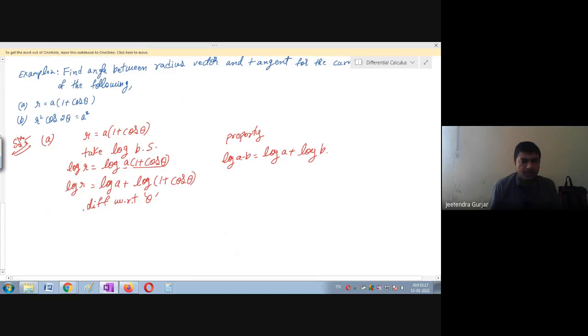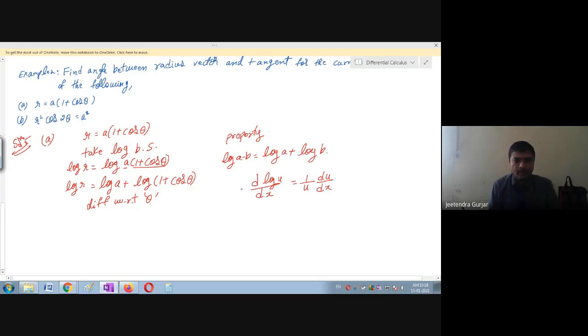Now we'll differentiate. I think you remember the differentiation of log u in general. If you take it with respect to x, this is 1 upon u du by dx. Please remember this formula. I am writing the formula on the right hand side so you can note it down, because we are going to use this formula again and again.